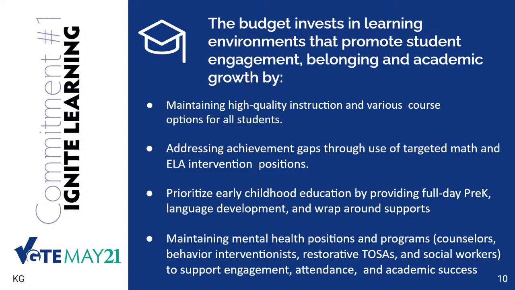Suzanne and Todd actually create heat maps so that we really look at all the data in terms of what kids are not meeting benchmarks and what kids are not acquiring the skills that they should. And then we're allocating interventionists appropriately. So those positions are in here.